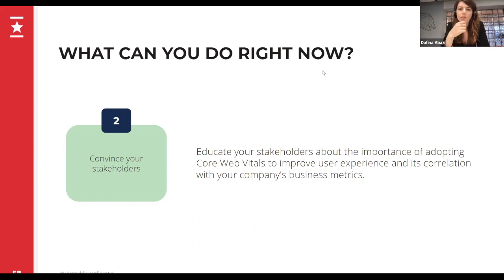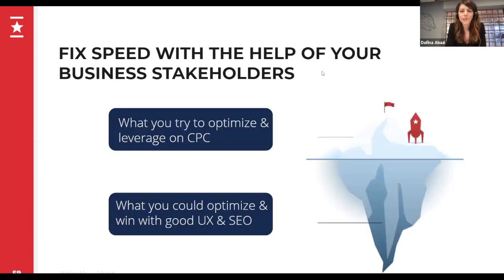For product managers, for example, performance should be an important criteria that defines the quality and success of new product features. And product excellence and working on interesting challenges improves developer satisfaction as well. Why not? So educate your stakeholders about the importance of adopting Core Web Vitals to improve the user experience and its correlation.